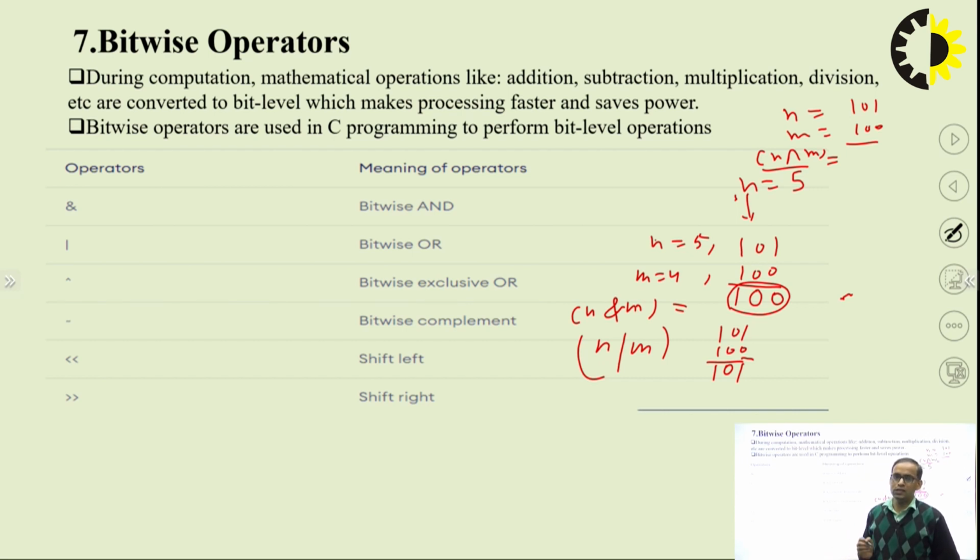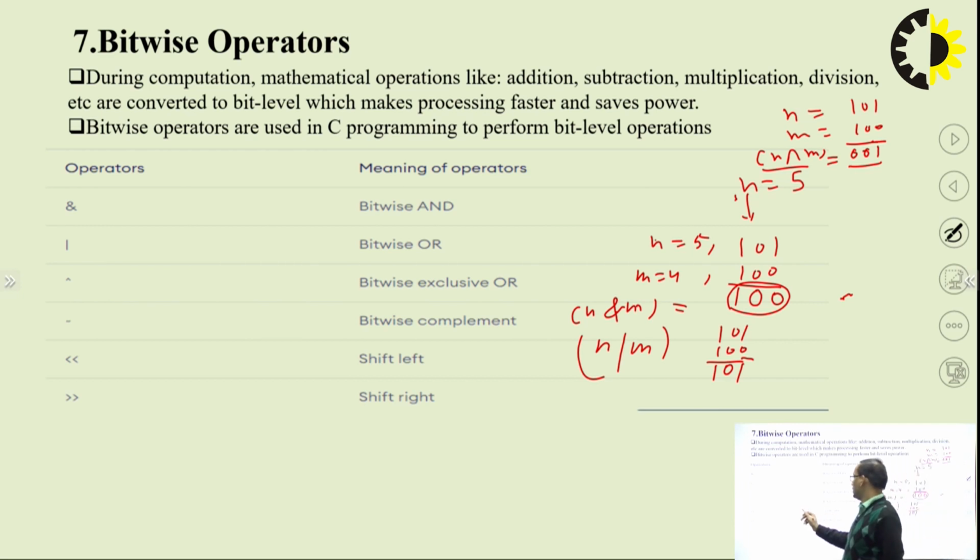If both bits are the same, then the output bit will be 0. Here this bit is 1, this bit is 0, so both are different, so the output bit will be 1. Here both are the same, output will be 0. Here both are the same, 0. So this 001 is the representation of 1. Okay, so this will be the output of the bitwise XOR operator.